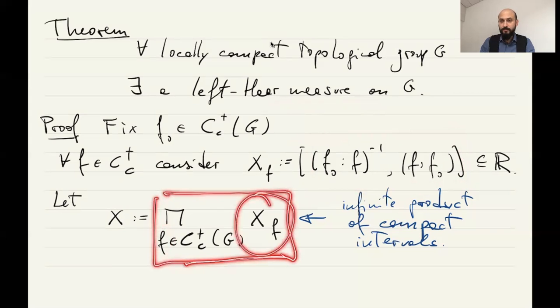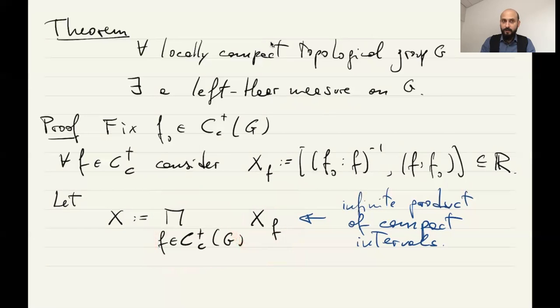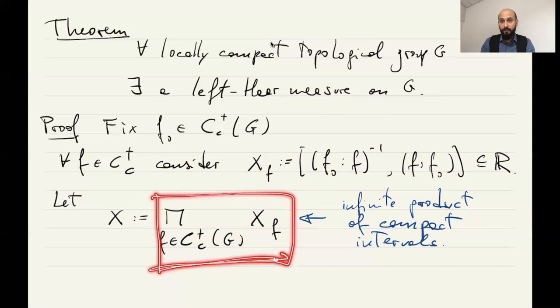Now each of these intervals is compact, and Tikhonov's theorem tells us that with the product topology, this space is compact. And we are going to take more or less a limit of these operators I_phi when phi tends to have smaller and smaller support.